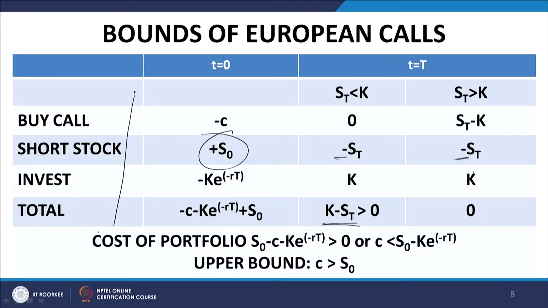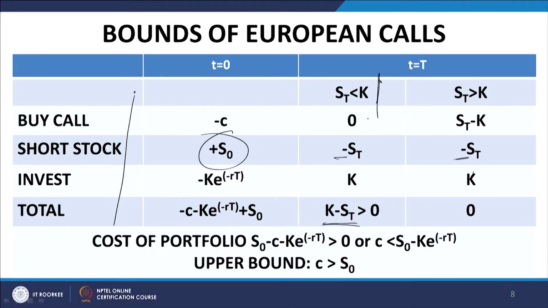That means if you are investing in this portfolio, you are going to get either a 0 cash flow on maturity or a positive cash flow on maturity. There cannot be a negative cash flow on maturity.